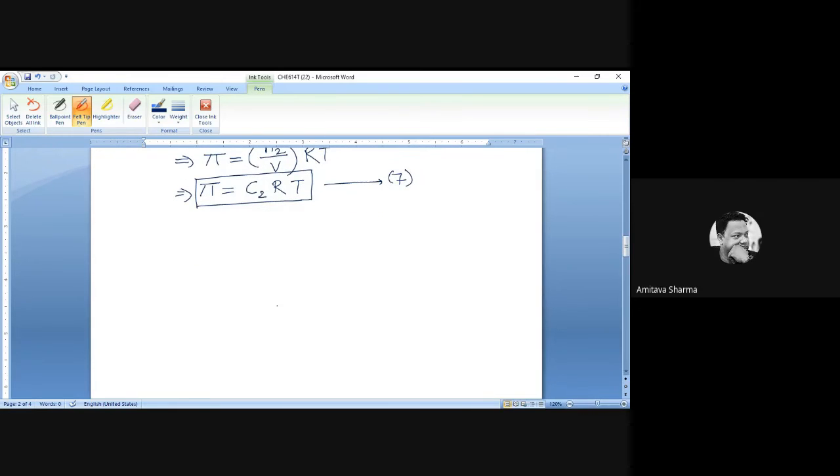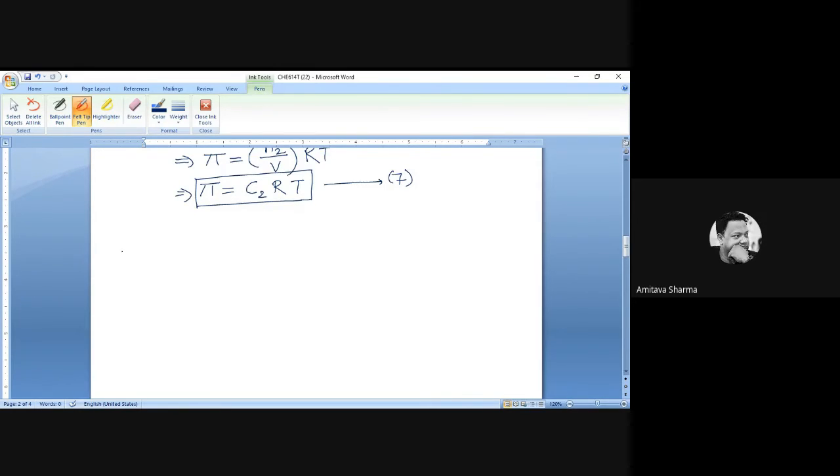Now a polymer solution does not behave as an ideal solution due to large difference in molecular volumes between polymeric solute and low molar mass solvent.